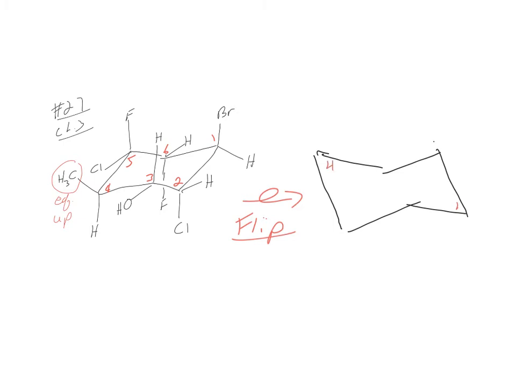Then you can fill in the rest of the numbers accordingly. We went from the top of the chair getting pulled down, the footrest getting pulled up. So now this is the top of the chair and this is the footrest. Now we fill in everything else.